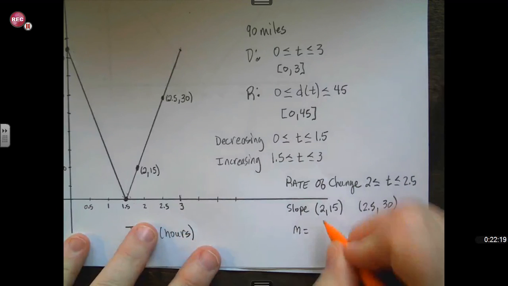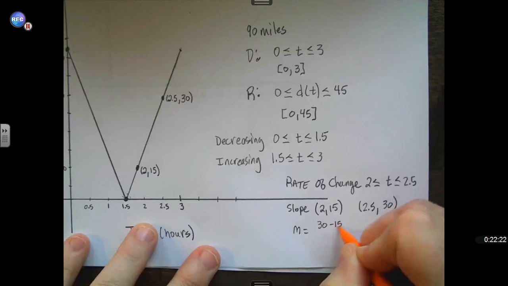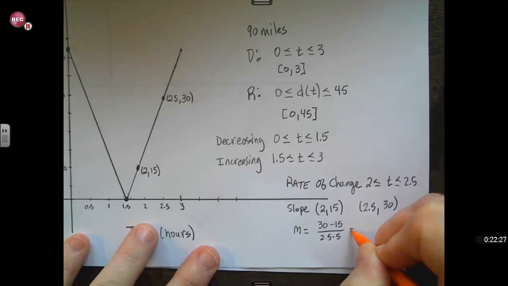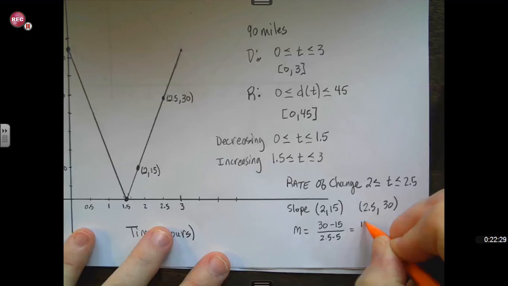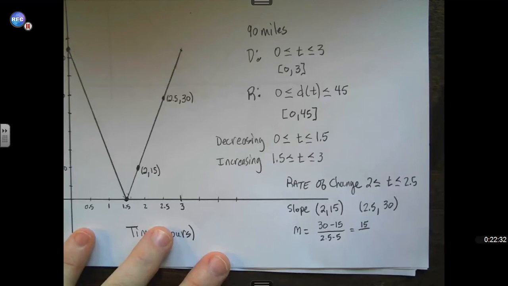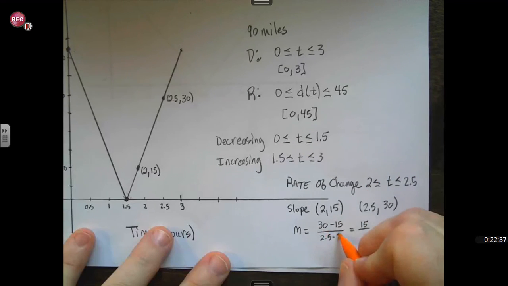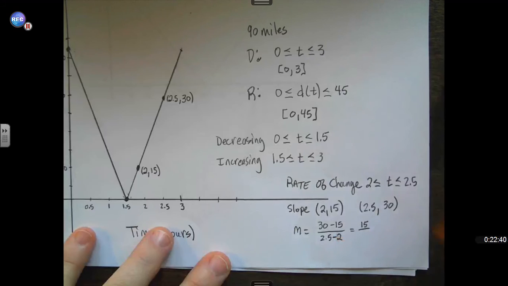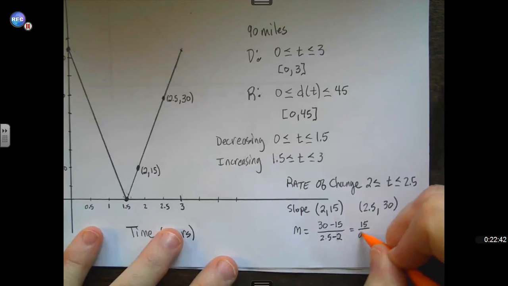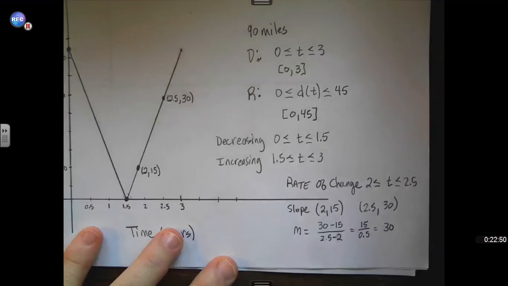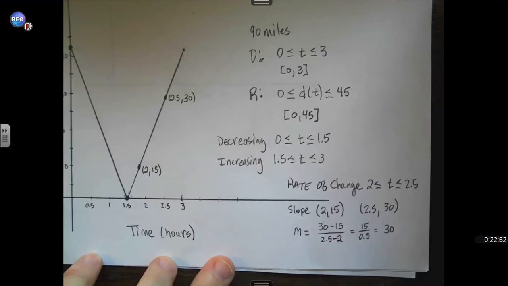Slope is 30 minus 15 over 2.5 minus 2. I'm not being such an expert on slope, am I? 30 minus 15 is 15, 2.5 minus 2 is 0.5, and 15 divided by 0.5 is 30. So the average rate of change over that interval is 30.